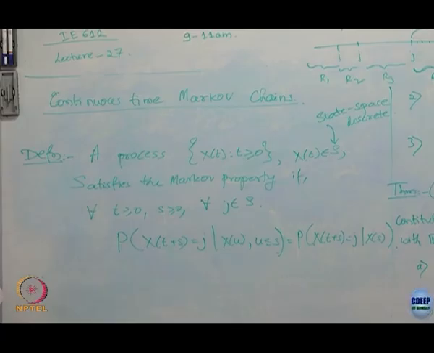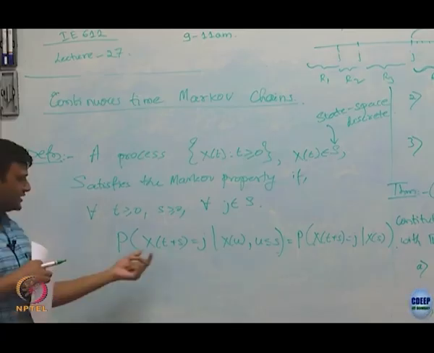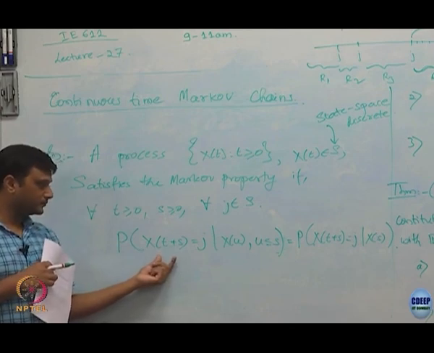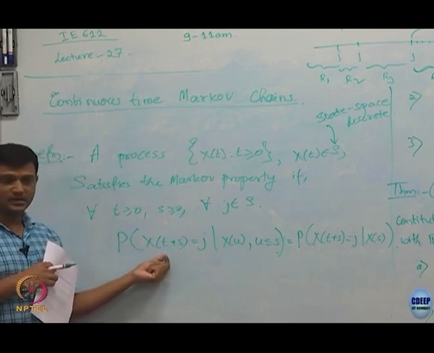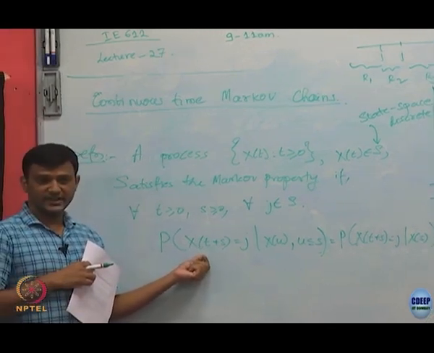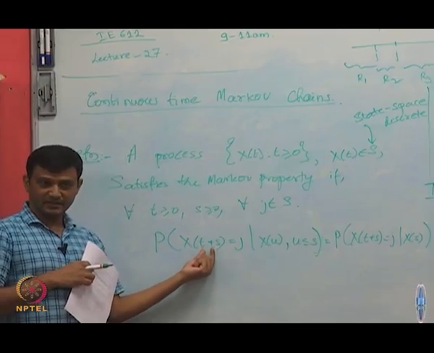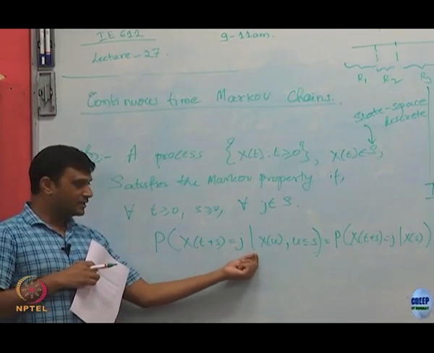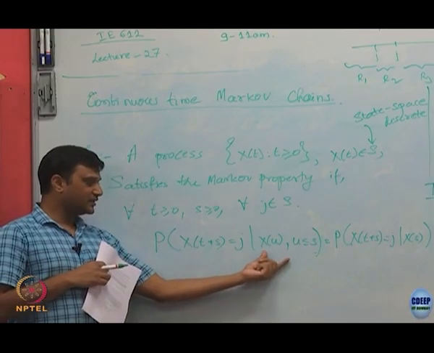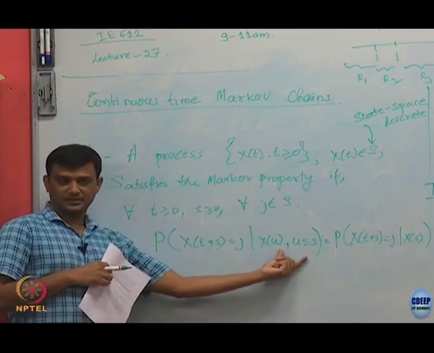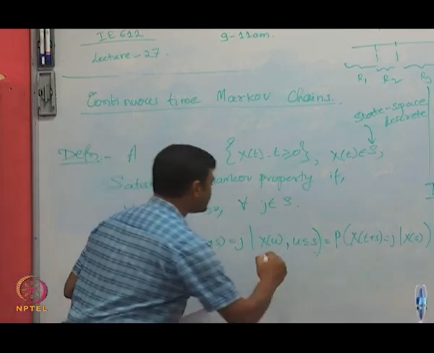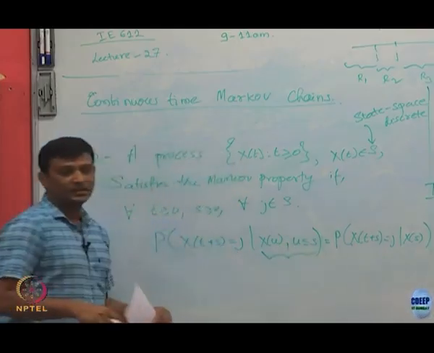So what it is saying is the probability that your process takes value state j at time t plus s, given your process all the way up to s. What is this telling?